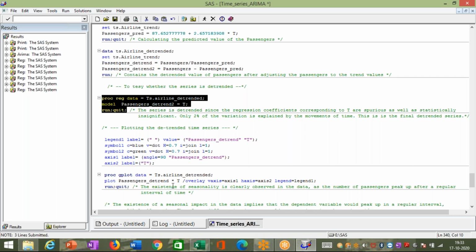So now let's have a quick look into this series, how this series is looking. We'll go ahead initially with this ratio of this multiplicative trend, right? And then from there we will see. So over here, we are just trying to plot the detrended series, and we have the passengers detrended and all these things.